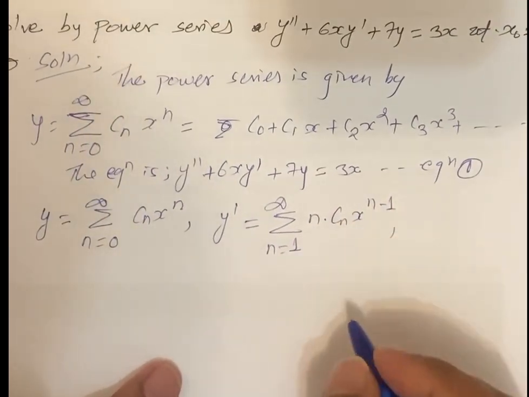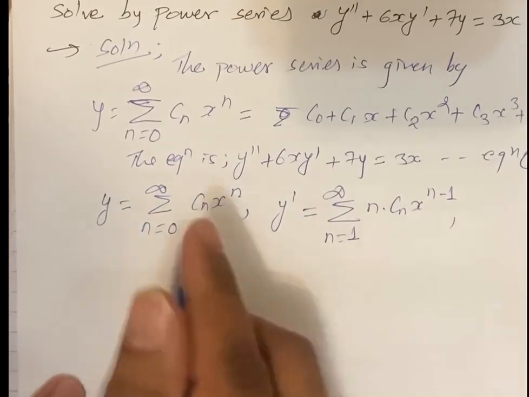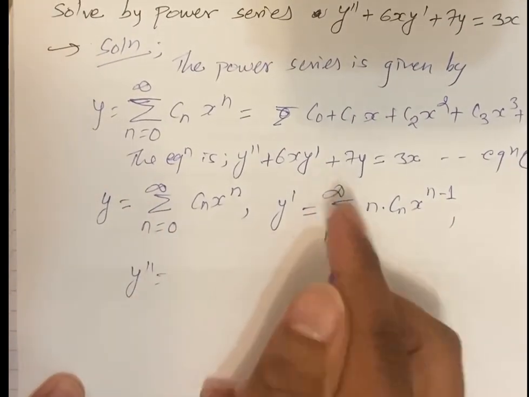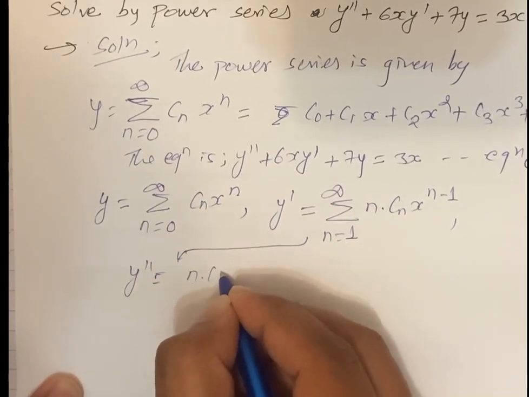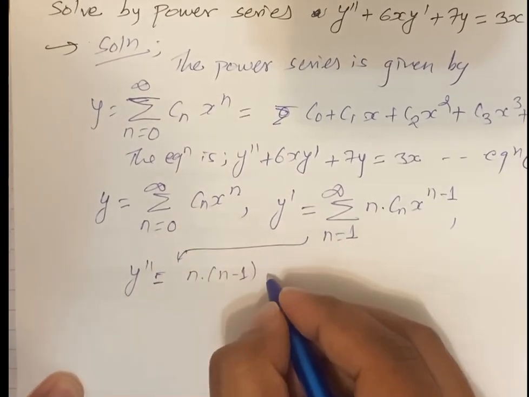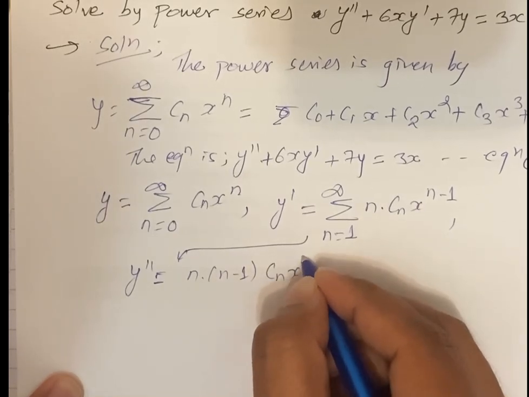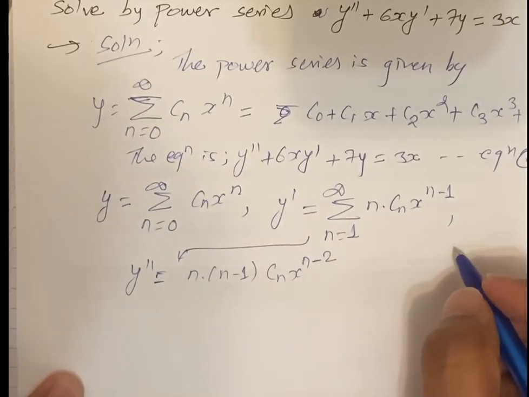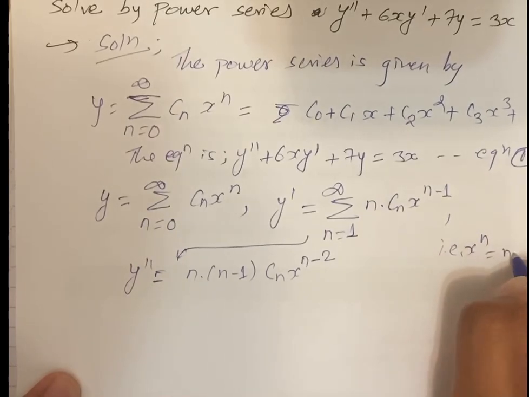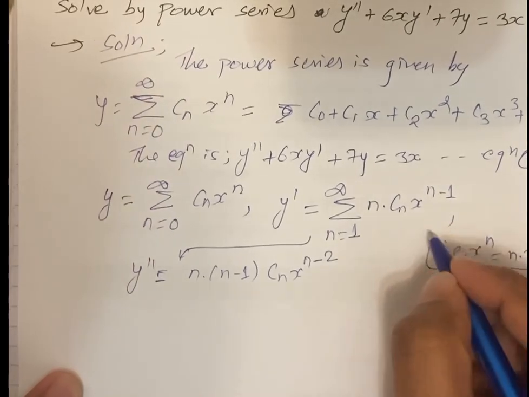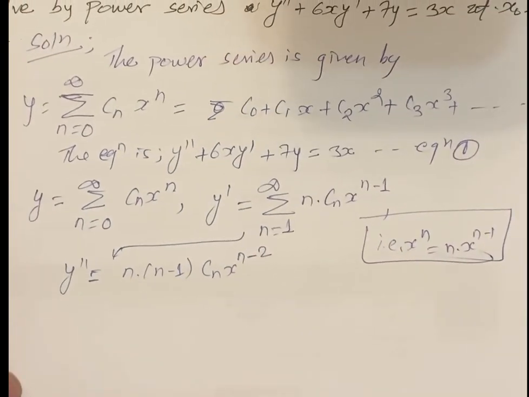Then y double dash is obtained by differentiating this again: n into n minus 1 Cn x to the power n minus 2. The derivative of x to the power n is n into x to the power n minus 1, and we are using this same concept.